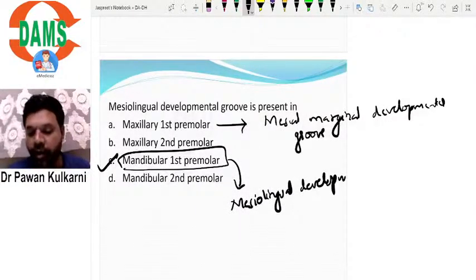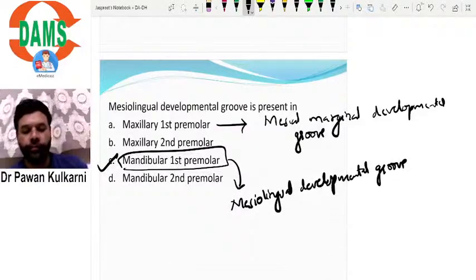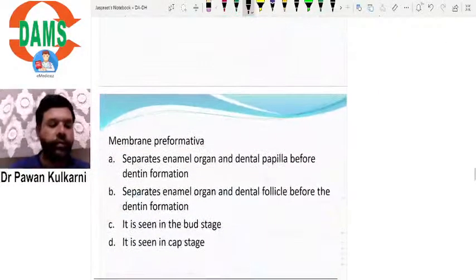So we should be aware of these two grooves: which is the mesiolingual groove, and which is the mesial marginal developmental groove.